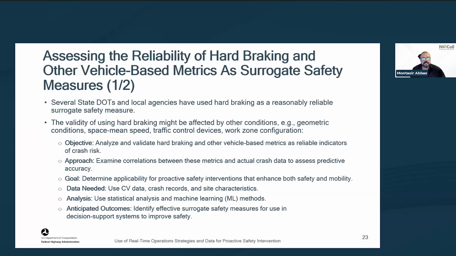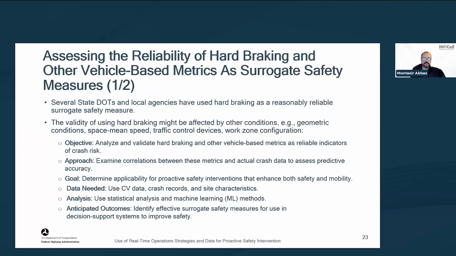So the first one was assessing the reliability of hard braking and other vehicle-based metrics as surrogate safety measures. There was some work already going on with hard braking, and the idea is if you are getting all of this crowdsourcing data from the vehicle manufacturers, whether it's being resold through them or through another vendor, you can identify areas and times where there is a lot of hard braking happening.